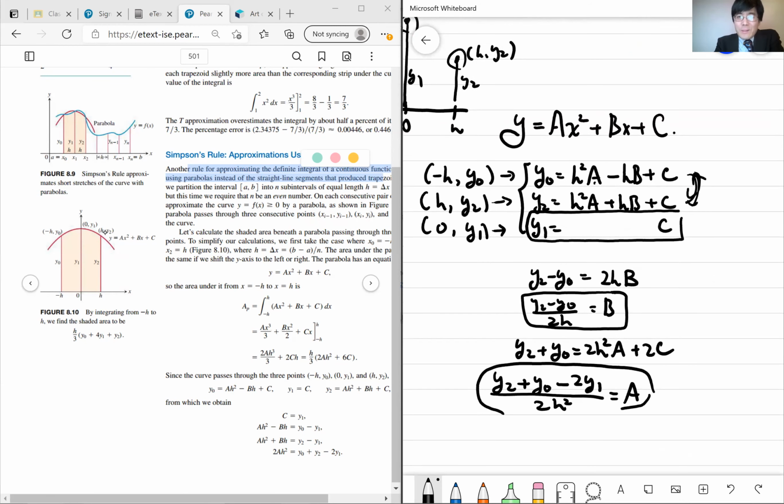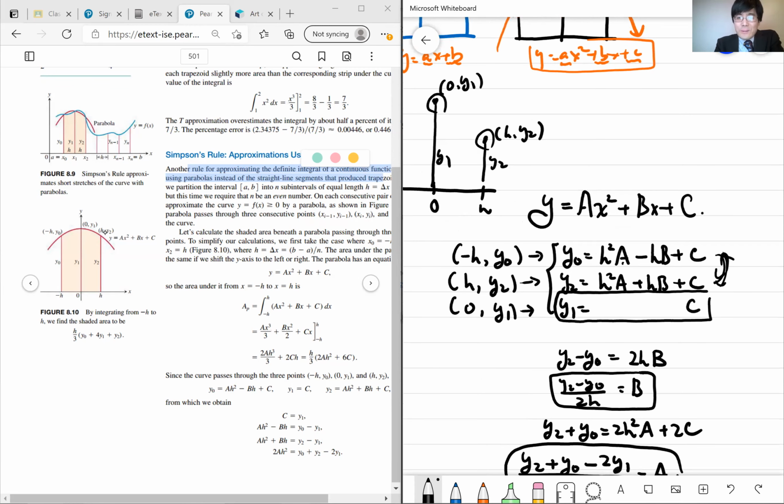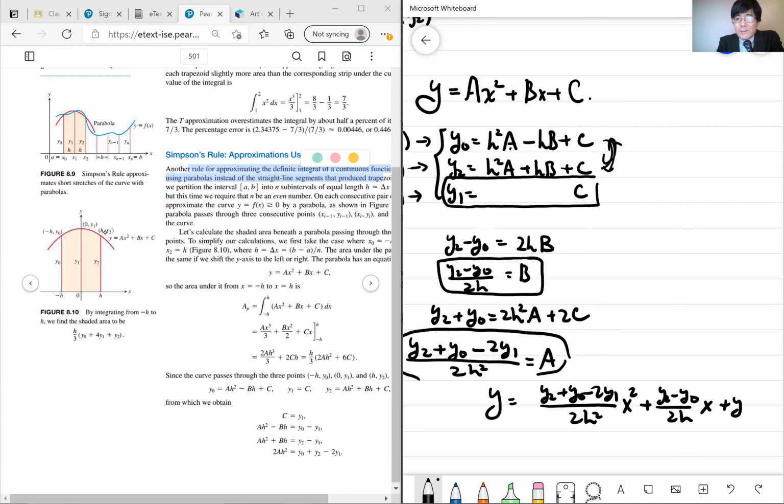So the parabola through those 3 points is y is equal to y2 plus y0 minus 2y1 over 2h squared x squared plus y2 minus y0 over 2h x plus y1.